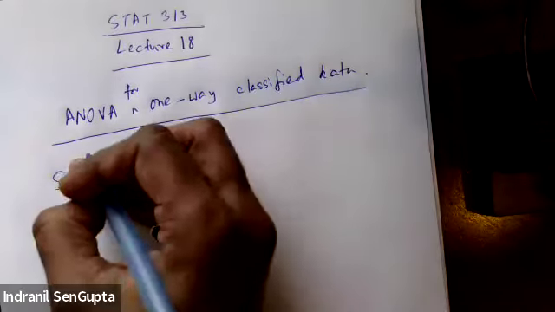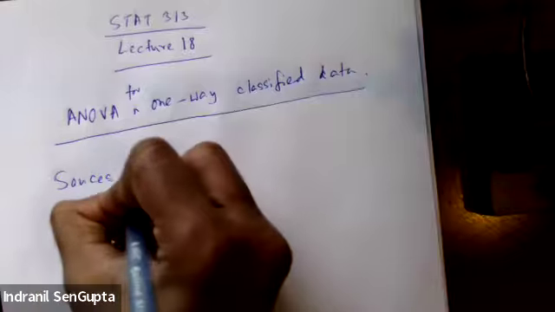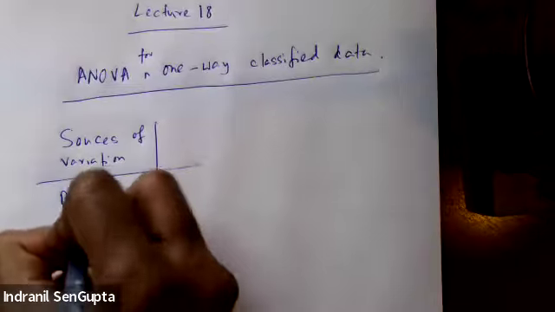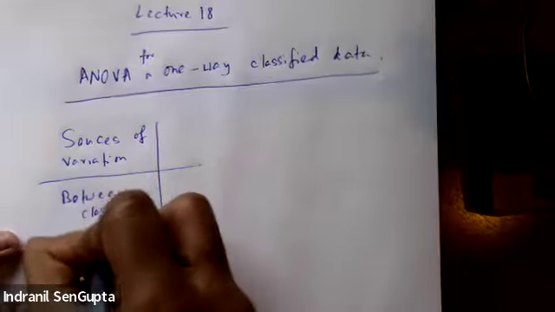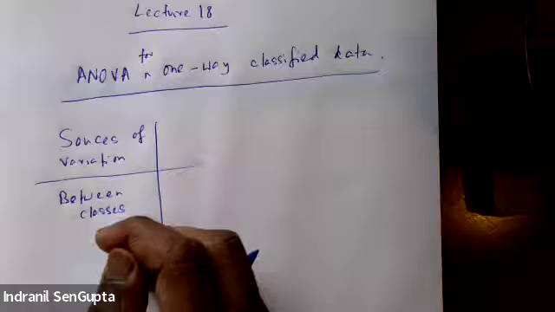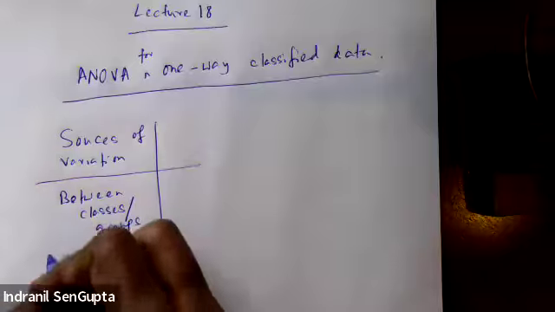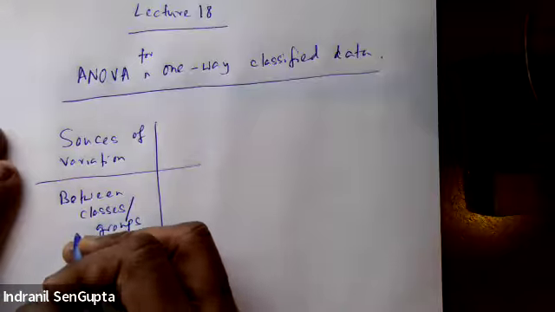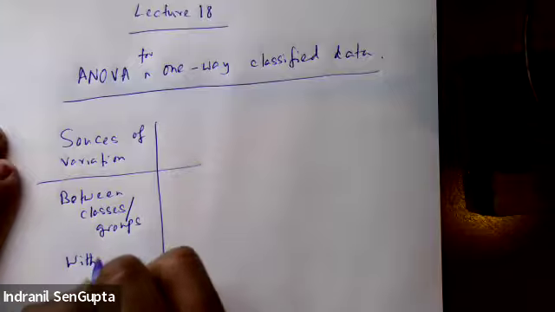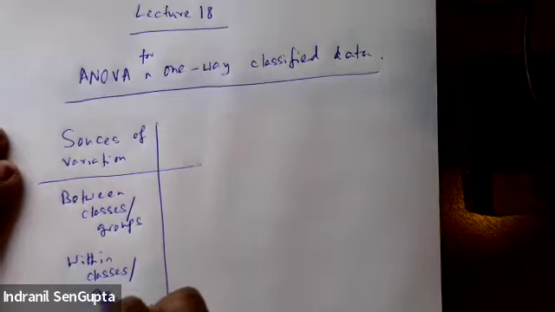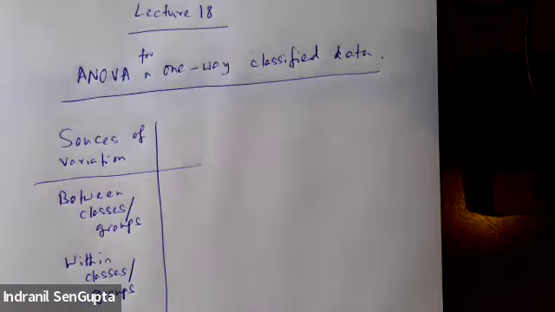So let's write sources of variation, and we'll be writing here between classes or groups, whichever you prefer, and within groups. Those are the two sources of errors, right?